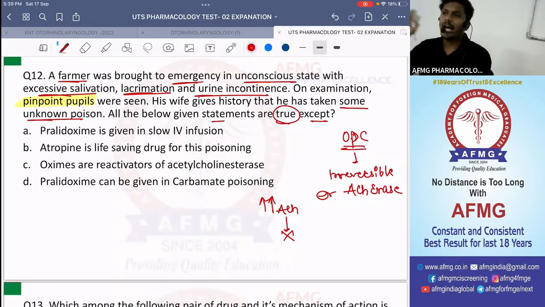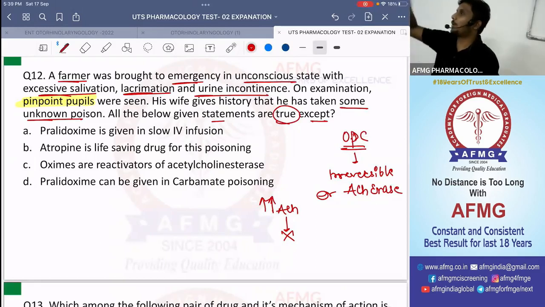No issues with this. And as we know, the cholinergic poisons or the cholinergic drugs will cause miosis or mydriasis at the pupil. It will cause miosis at the pupil due to M3 receptor stimulation. And as they cause miosis at the pupils, the patient will have pinpoint pupils. No issues with this. And the patient can even have respiratory distress because M3 receptor stimulation in the bronchus can cause bronchoconstriction.